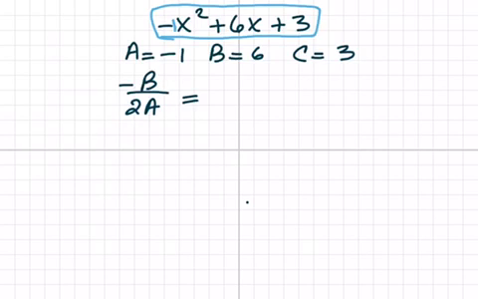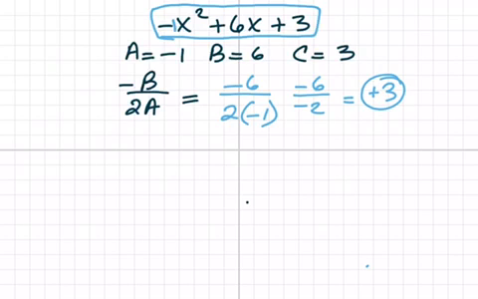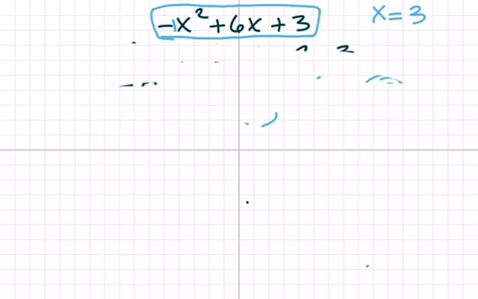Well, b is 6, so negative 6 over 2 times a, which was negative 1. So it's going to be negative 6 over negative 2, which equals positive 3. All right, so my x value is positive 3.